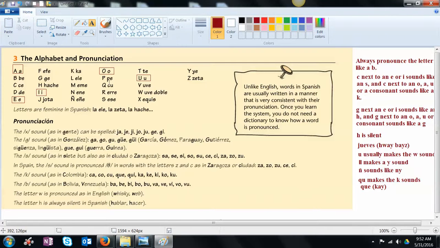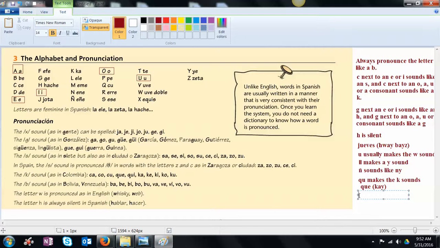Okay. R, you roll the R when your word starts with an R or when there's two R's. So if you have two R's or a word that starts with the letter R, roll it.